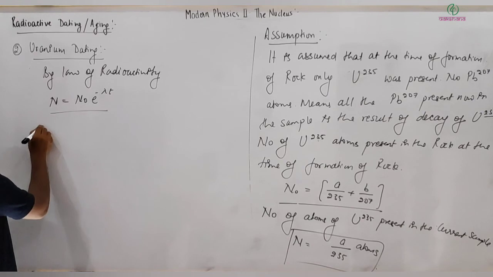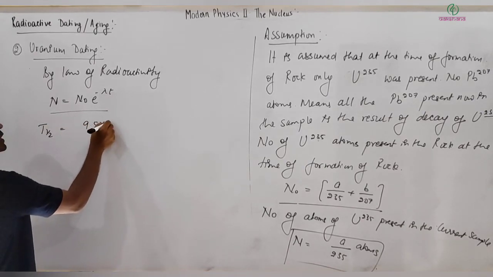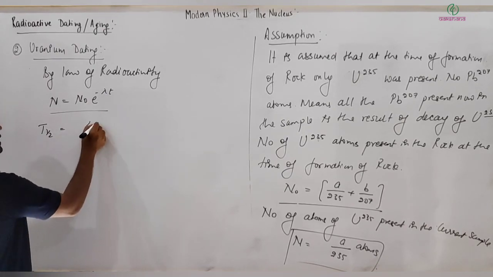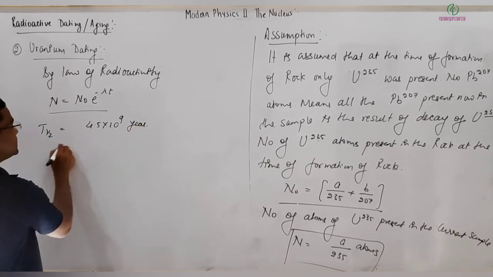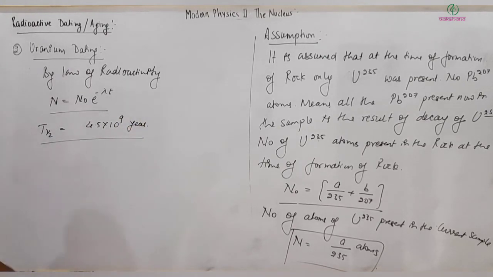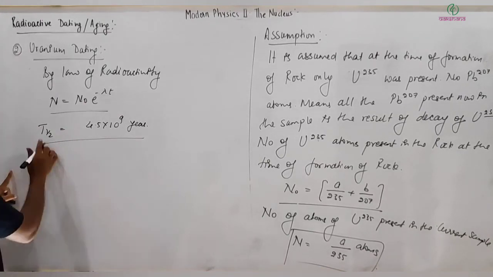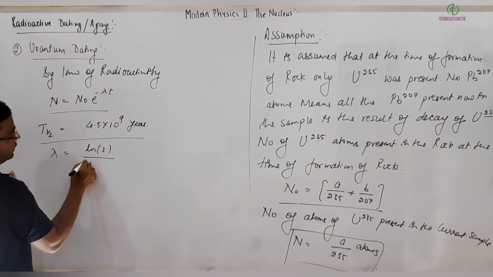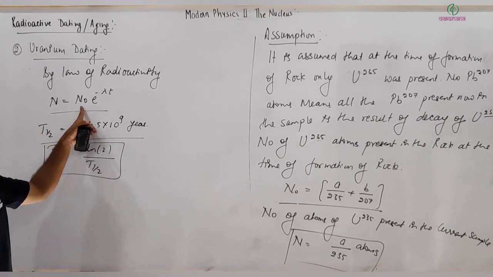T half for uranium-235 is actually 4.5 into 10 to the power 9 years. This is the half-life of uranium-235. And from the half-life we can get lambda is equal to ln 2 divided by T half. This relation you are already familiar with.